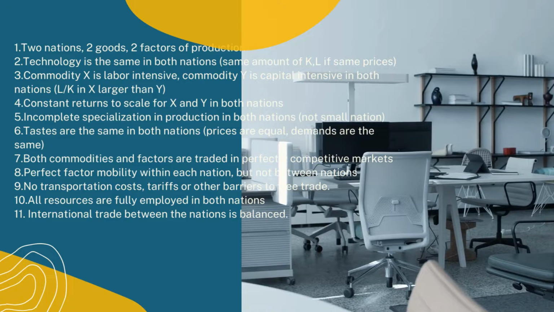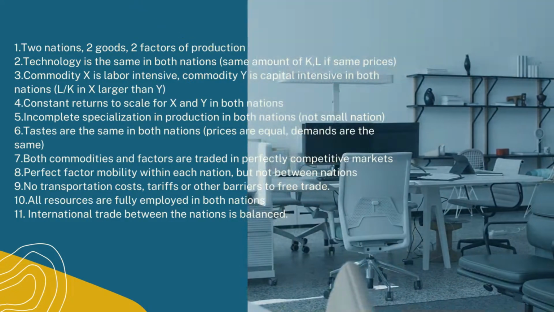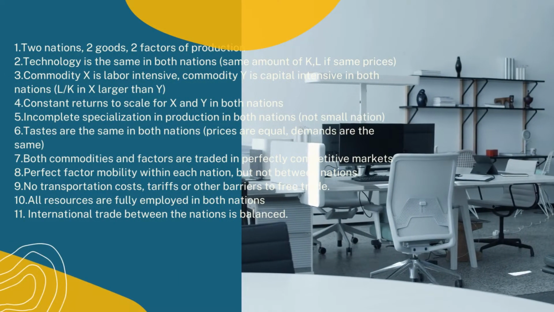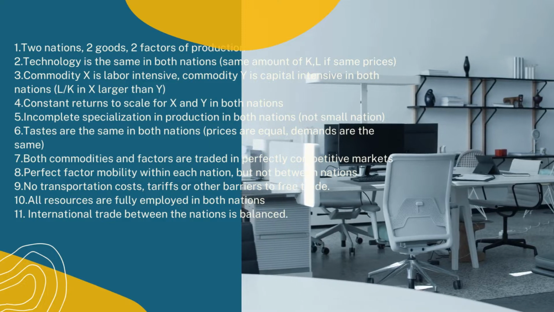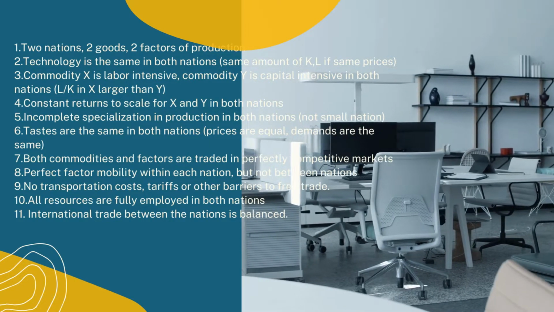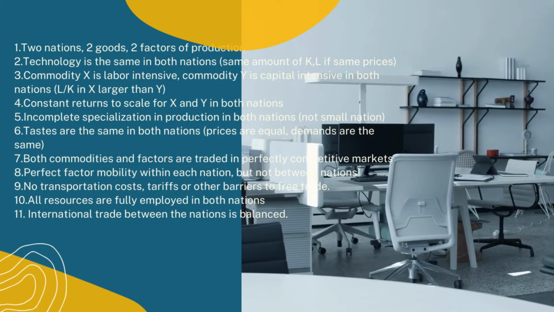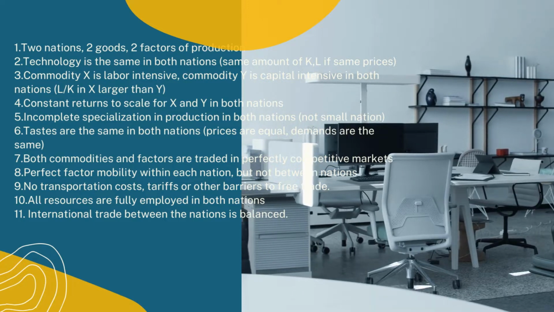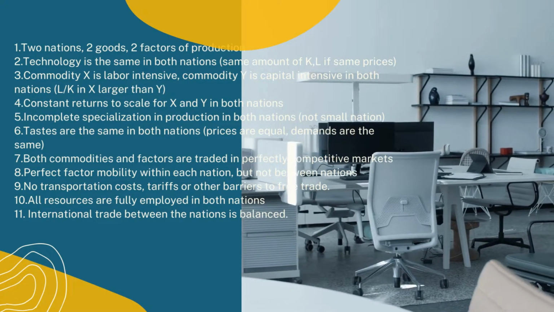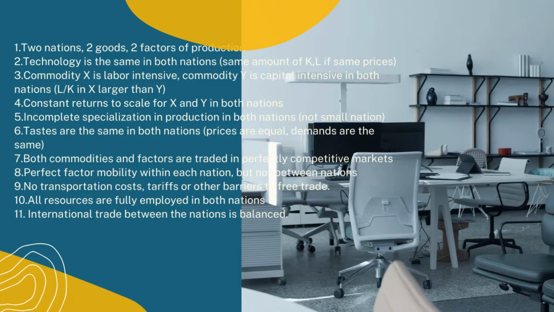So we have no small nation. The sixth one is tastes are the same in both nations, which means that prices are equal and demand is the same. The seventh, both commodities and factors are traded in perfectly competitive markets. The eighth, perfect factor mobility within each nation.